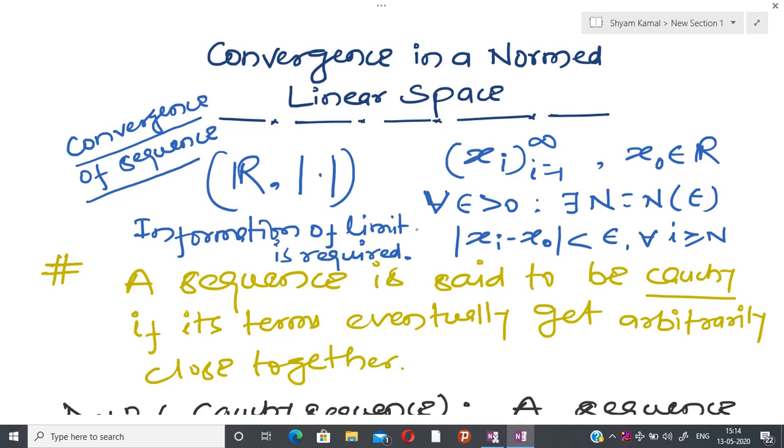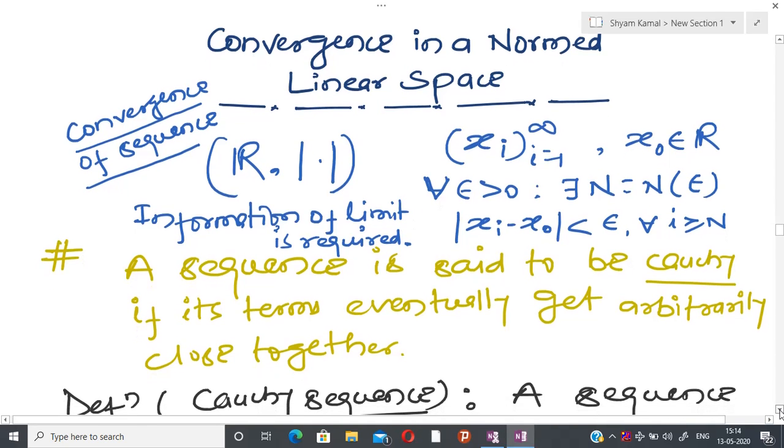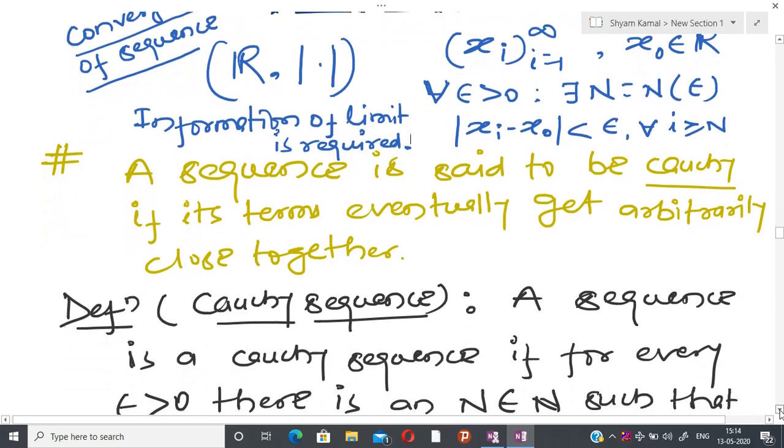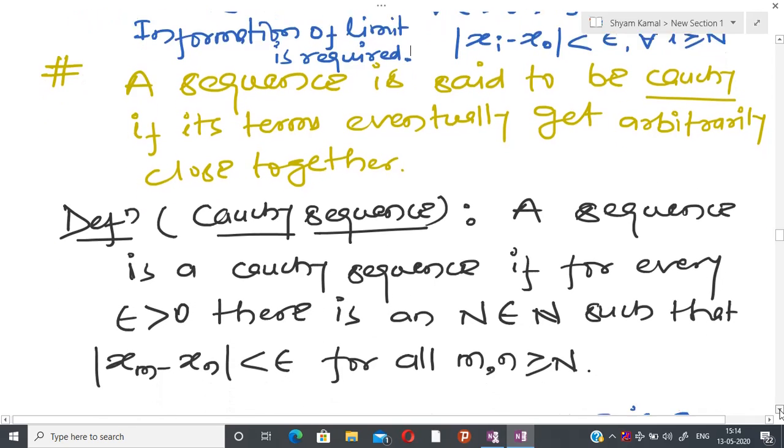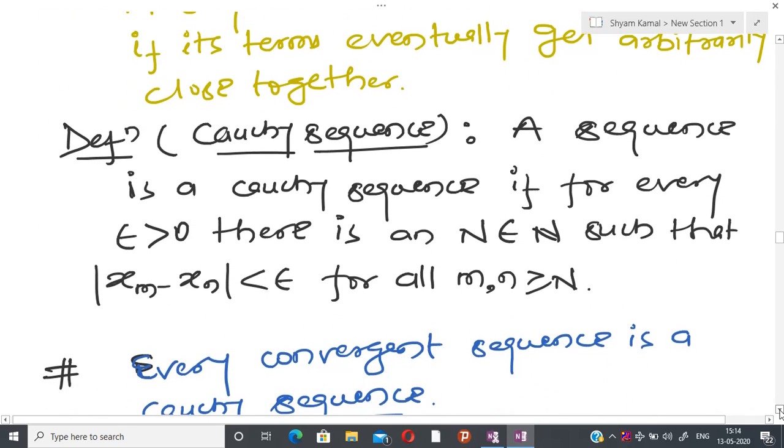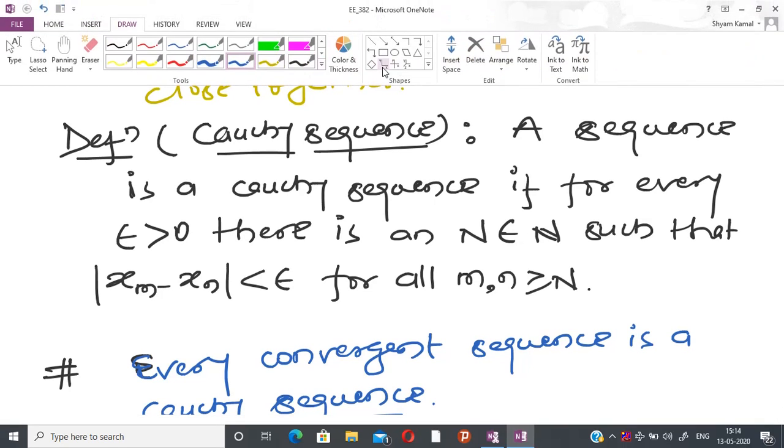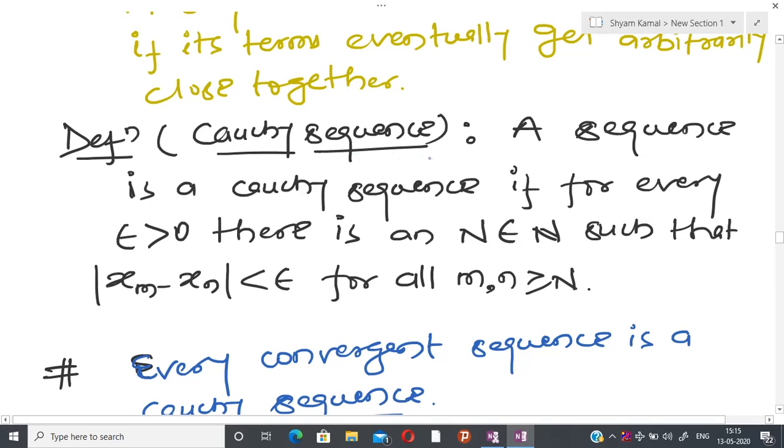It means that if I consider any two terms, then as time evolves they come closer together, and in this way I can relax the requirement of the limit. So let us now see the definition. This sequence is called a Cauchy sequence.